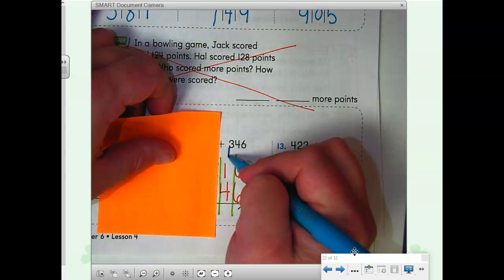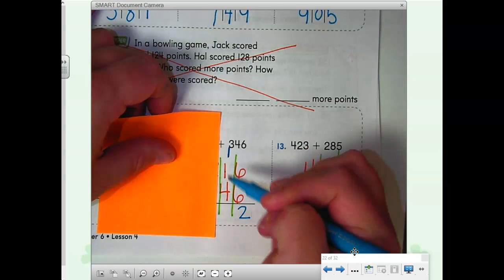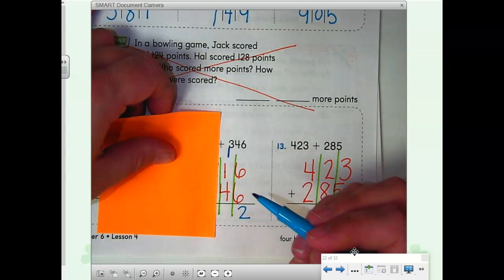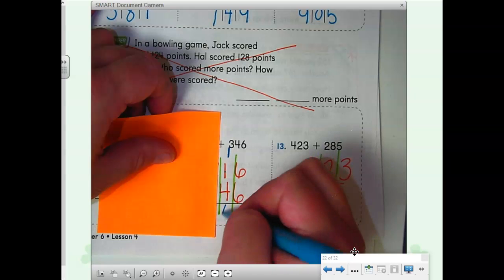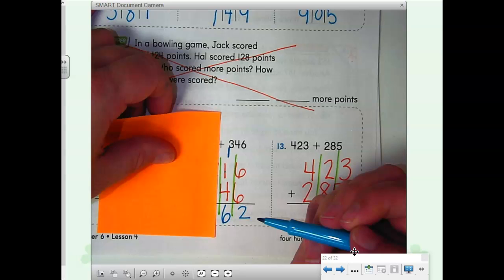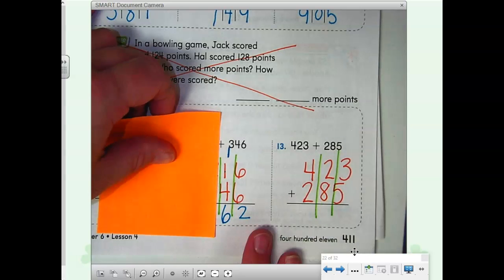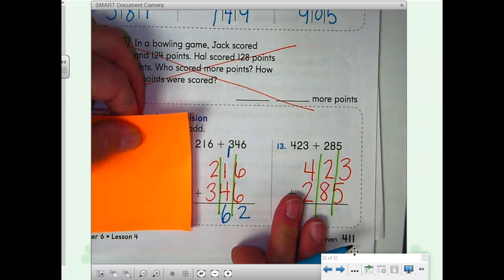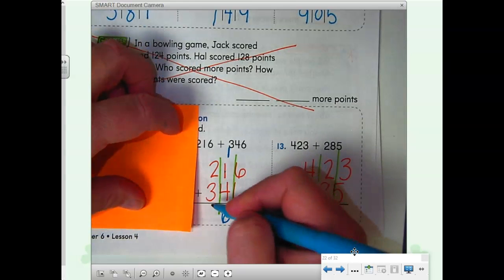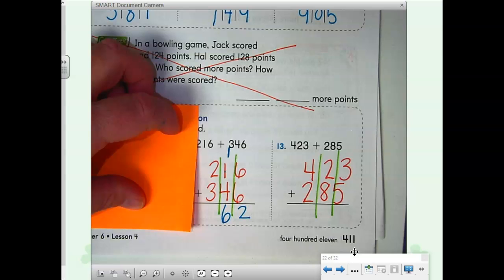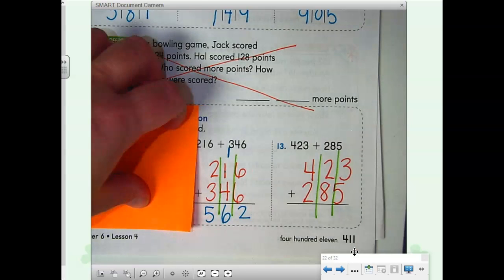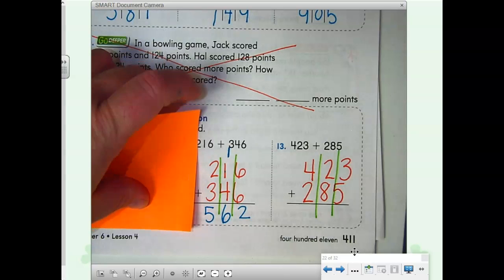Add your tens. 1 plus 1 is 2. 2 plus 4 is 6. All right, do we need to regroup again? No. So now we add our hundreds. 2 plus 3 equals 5. Our answer is 562.